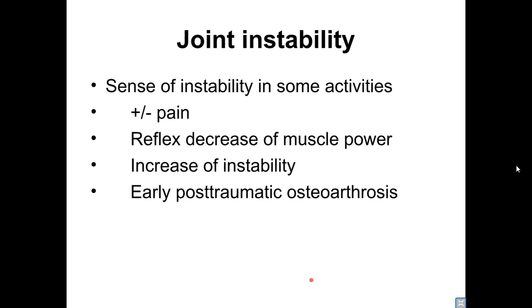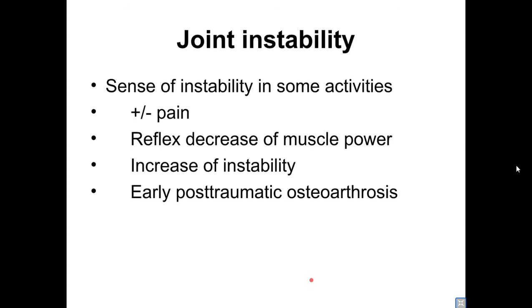Pain usually stimulates appearance of joint instability because pain will cut off the motor signal from the brain. And if there is not enough muscle strength, the instability will increase and the sense of instability increases.